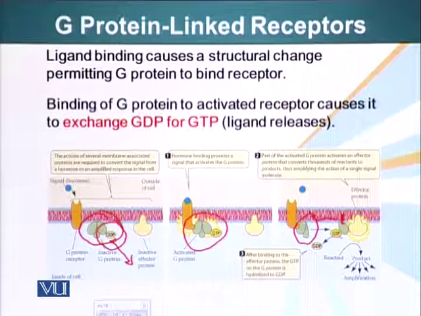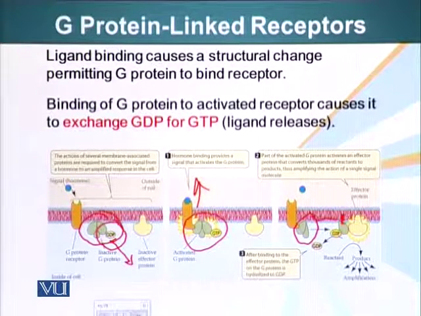So during this process, once the G protein binds the receptor, it also causes ejection of the ligand from the receptor. Now remember this, just as important as it is to receive a signal, it is just as important to neutralize the effects of that signal too.